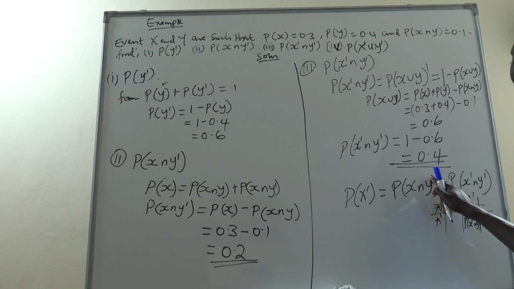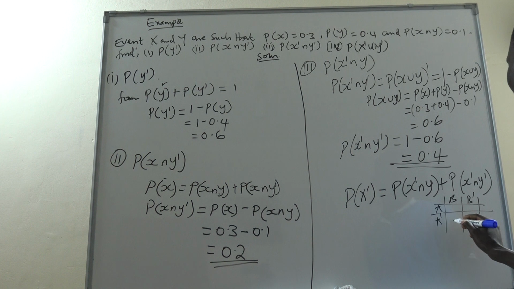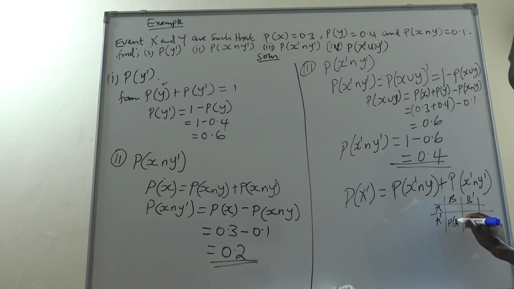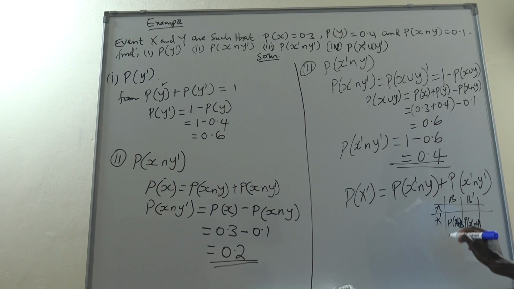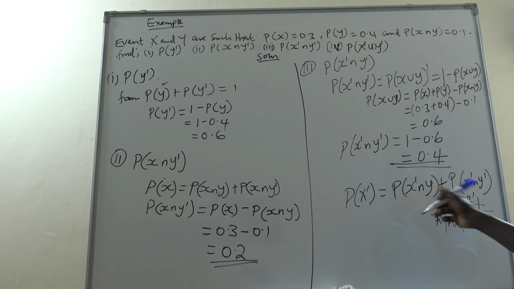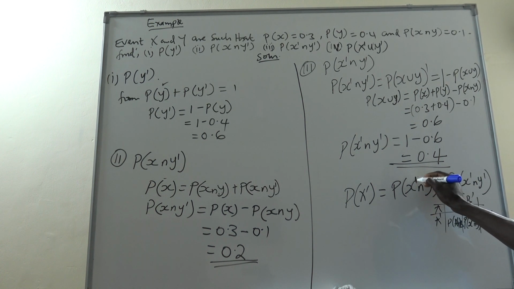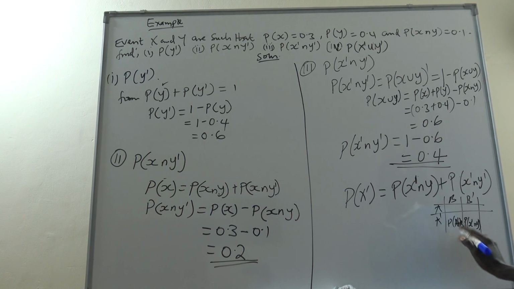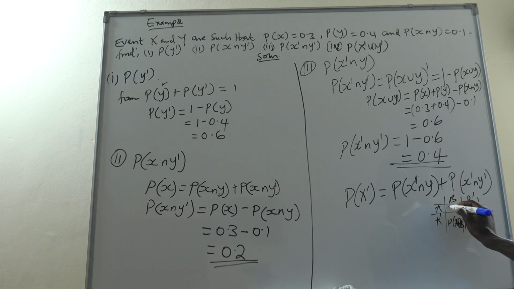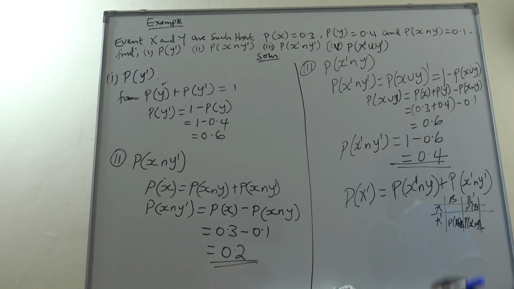Or you can use the contingency table, where you have B complement and A complement, and you want the probability of X complement intersection Y complement. You add these two to get the probability of the complement intersection B and their intersection.